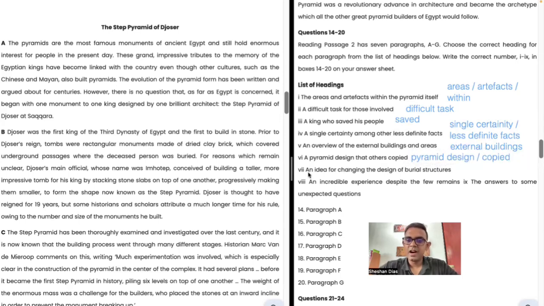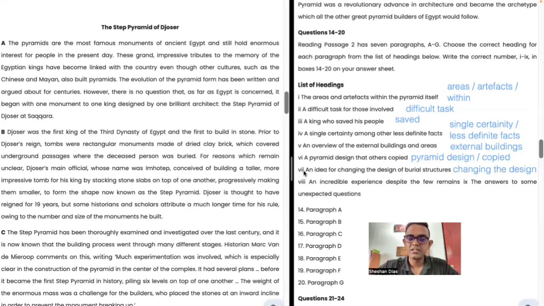Then here it says an idea for changing the design of burial structures. Changing the design, that's our keyword over there. Changing the design. That's our main key phrase.